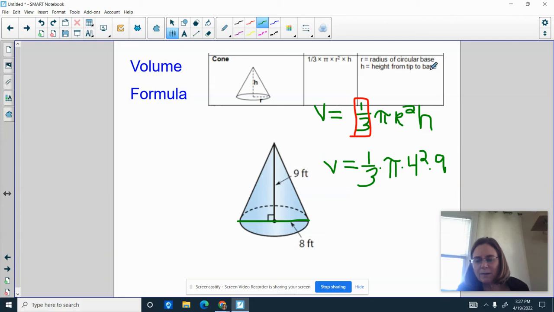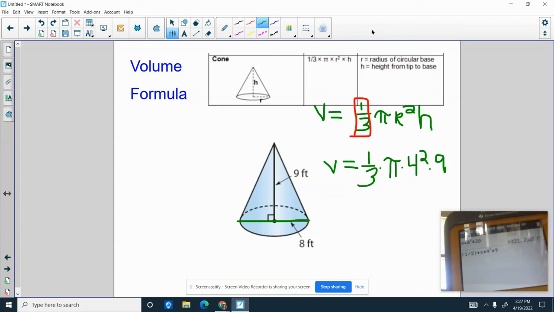Then I grab my calculator and I put all those figures in. And I'll show you what it looks like. So I have 1/3 in parentheses times pi times my radius squared, 4 squared, times my height, which is 9.